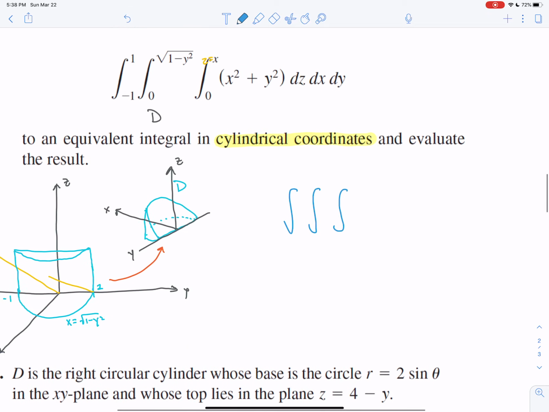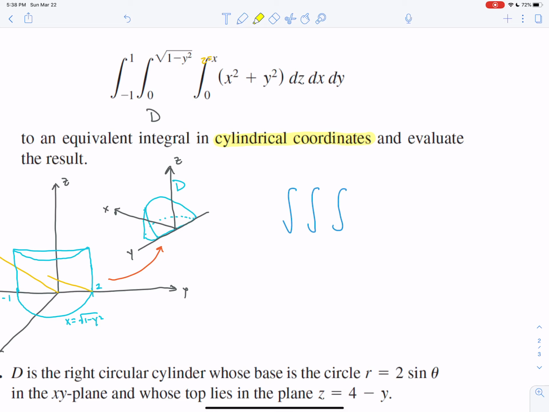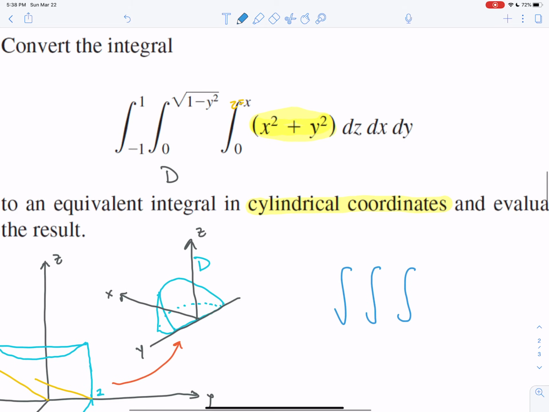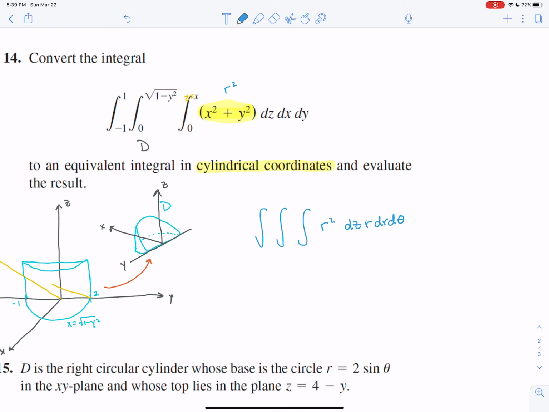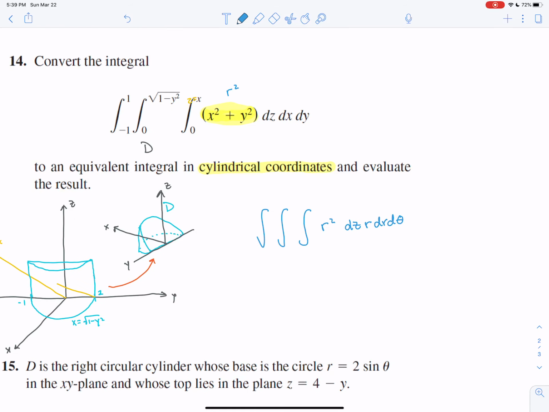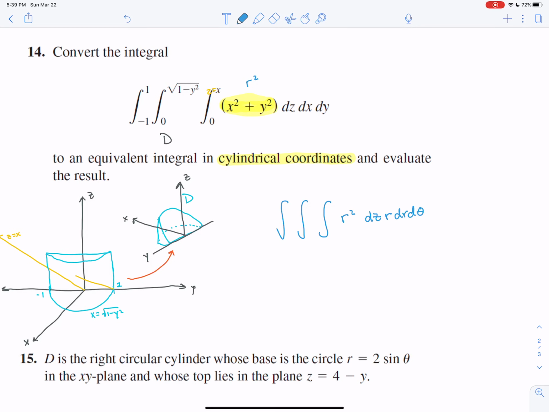Our function in this case is x squared plus y squared, and we know that in cylindrical coordinates, x squared plus y squared, just like polar, becomes r squared. So we're integrating r squared, and we have dz, r, dr, d theta, and then our bounds. The bounds in the z direction: z is just z, so z doesn't change.